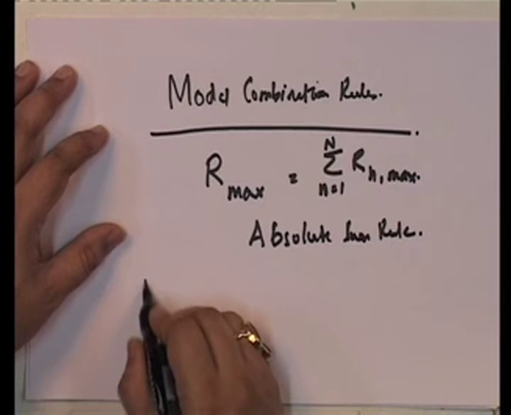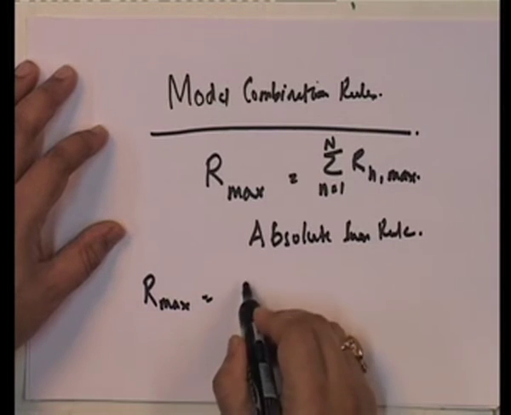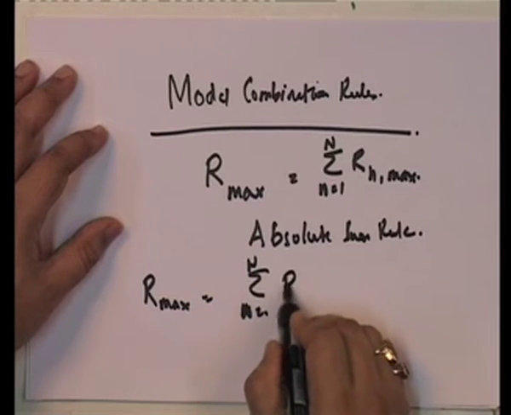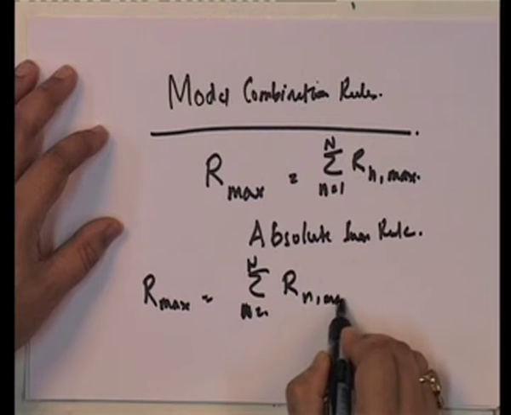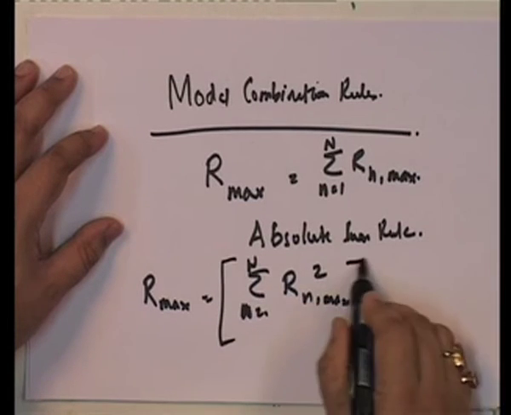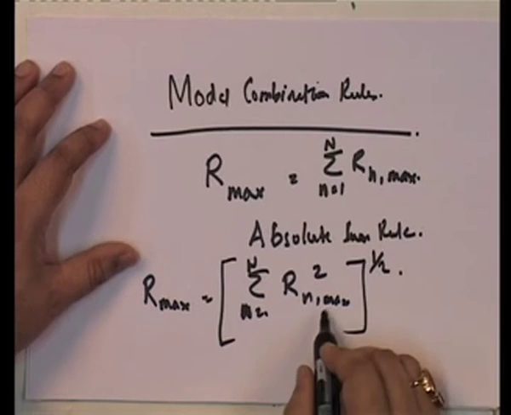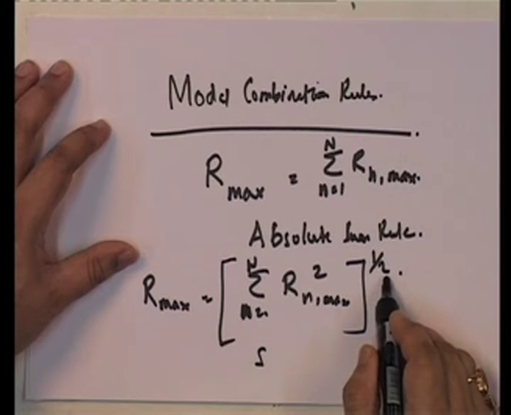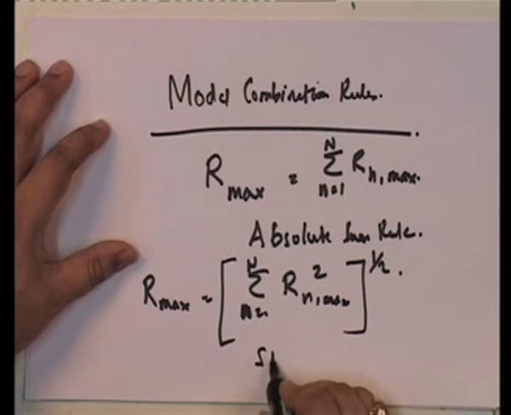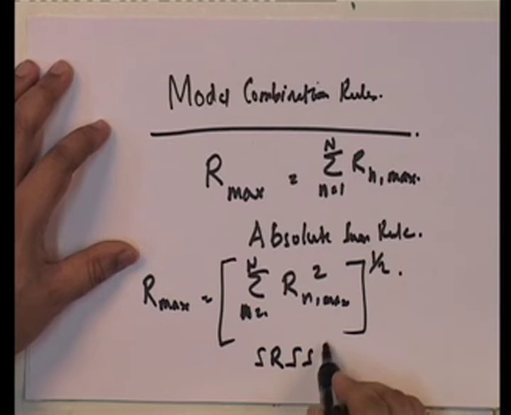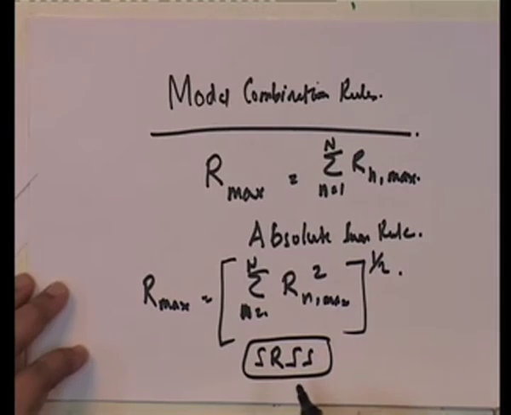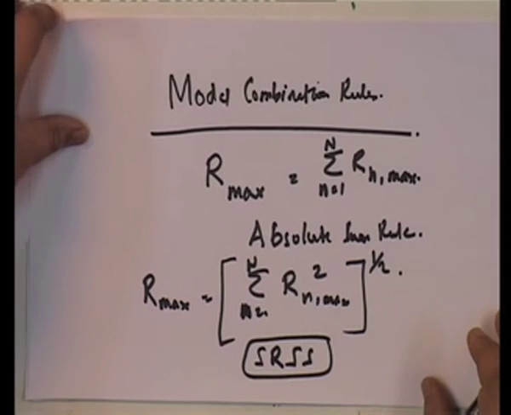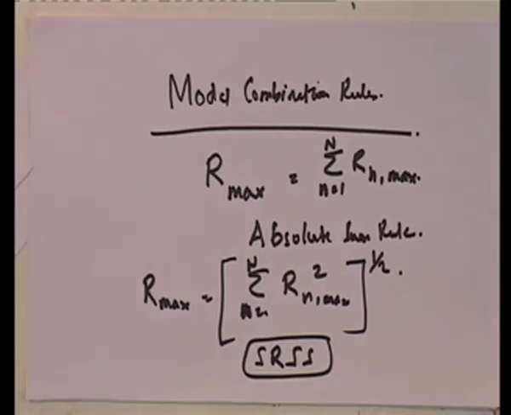Then you have R max equal to the square root of the sum of the squares of R_n max, n going from 1 to N. This is known as the square root of the sum of the squares, the SRSS rule. And there are various other rules. I will talk about these rules in the next class.